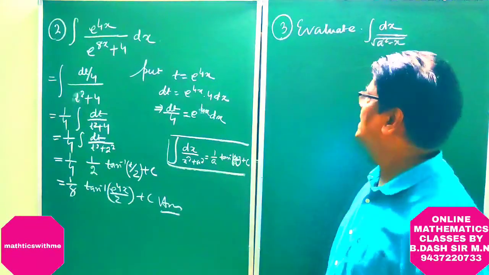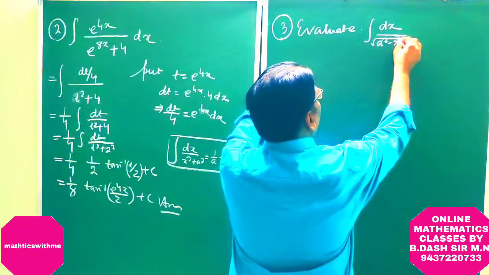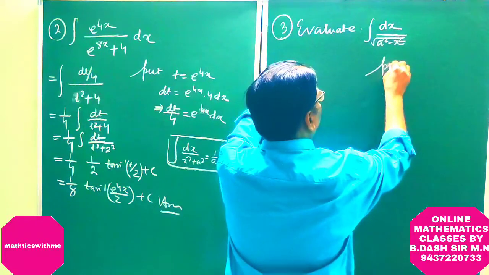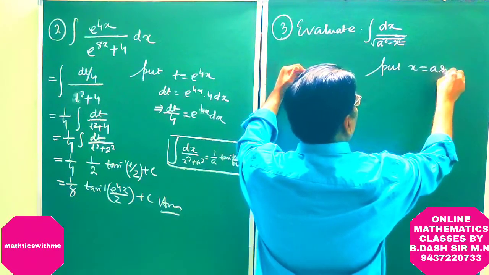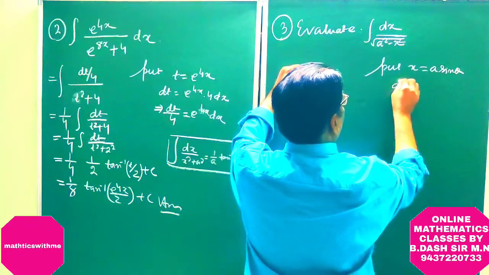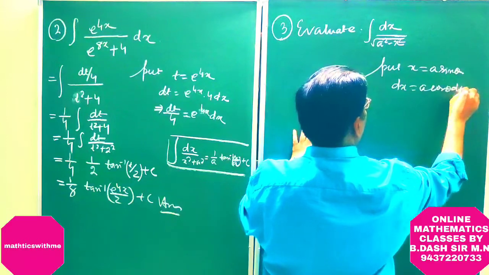Our next question is evaluate integration dx by root over a square minus x square. In order to integrate this, put x is equal to a sin theta. Then dx is equal to a cos theta d theta.